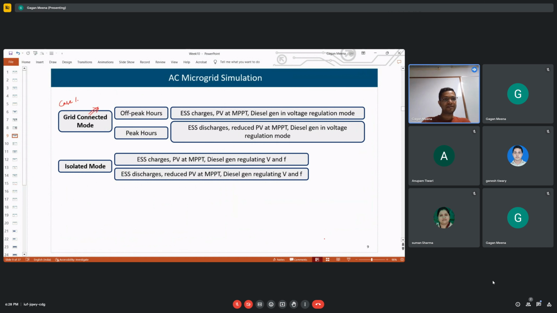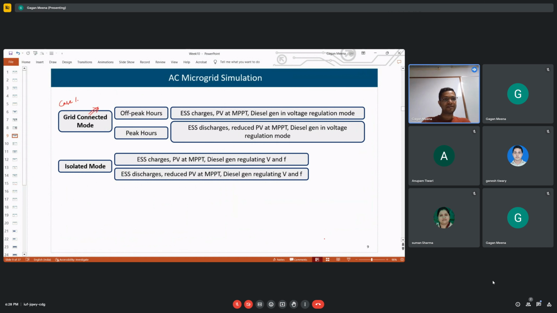If it is so, then there is another condition on the battery. If the state of charge is already more than 90%, we cannot charge the battery. In that case the battery will not be charged, and PV and wind will regulate the bus voltage. But if the storage SOC is less than 90%, we can charge, and PV and wind will operate in MPP, in maximum power mode.